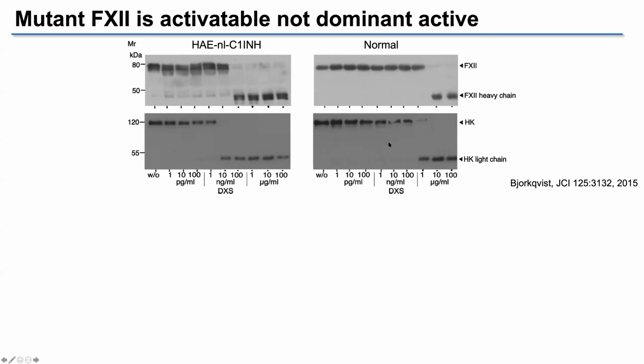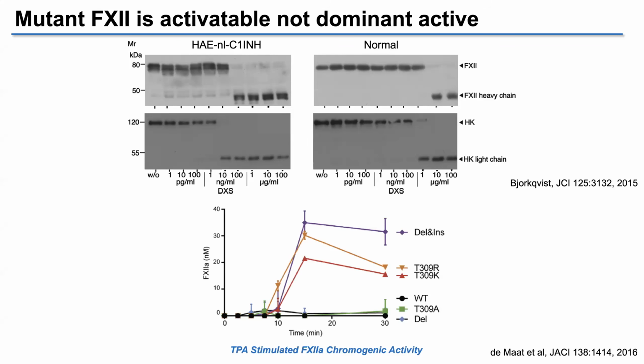So it really said that the mutant protein activated too easily and then cleaved kininogen generating bradykinin. And then a different group from the Netherlands showed that plasmin was able to cleave the factor 12 in this factor 12 mutant protein, but not in normal factor 12 to any appreciable extent.